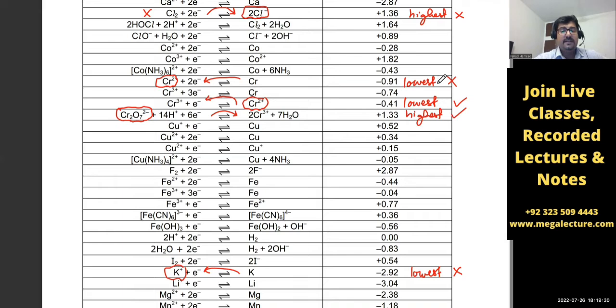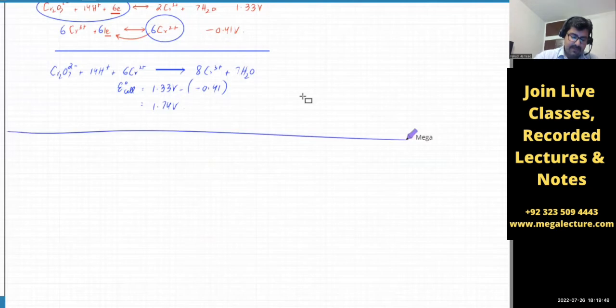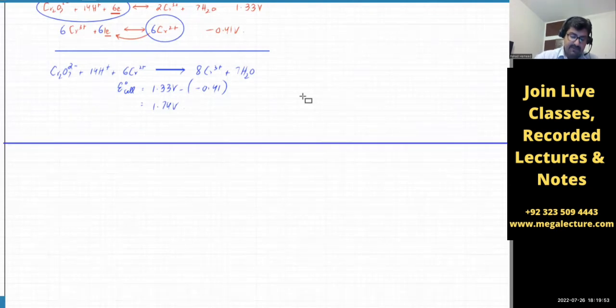So the lowest ones were rejected because you didn't have Cr, and you didn't have potassium, so you rejected all of them. But coming back to this, now we're going to focus on chain reactions.